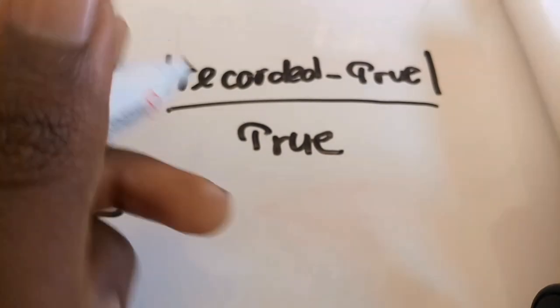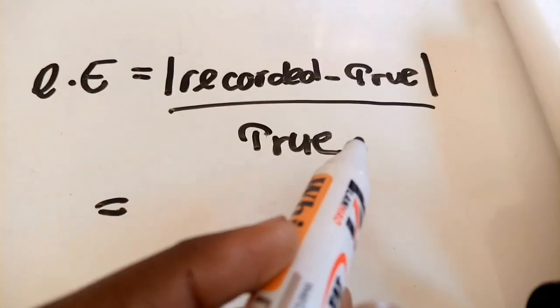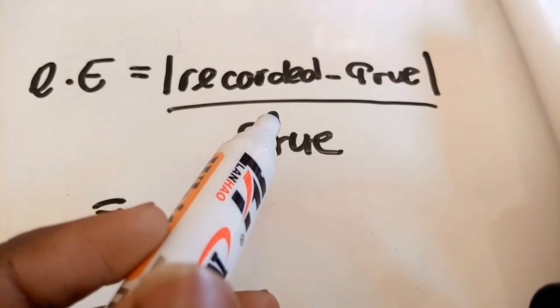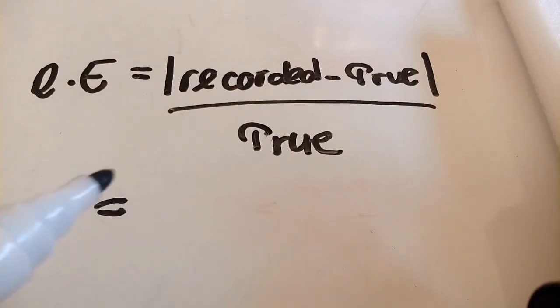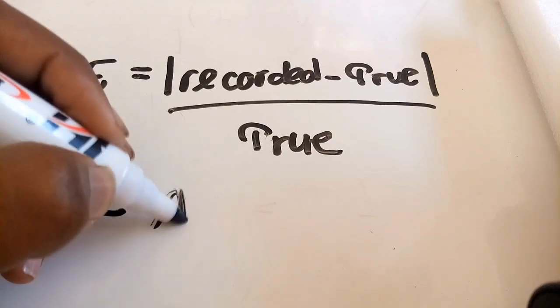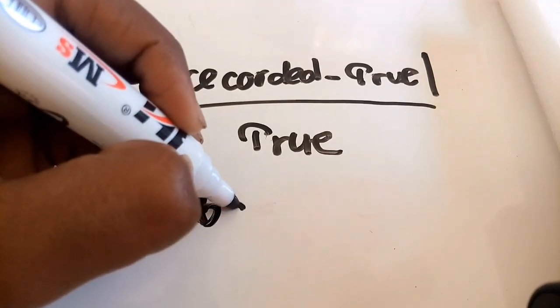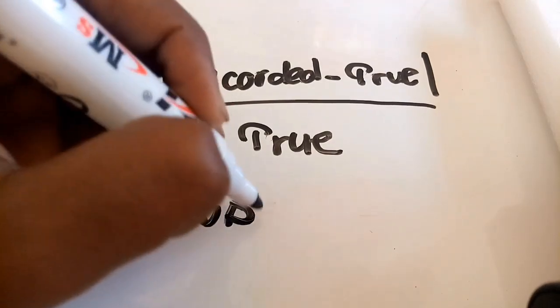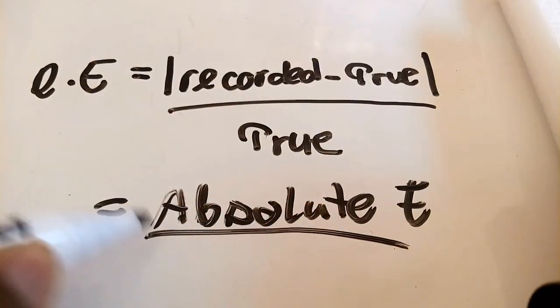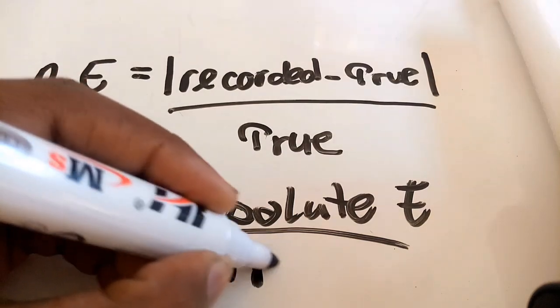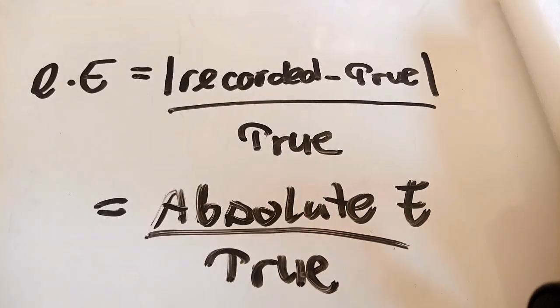Now, we know recorded value minus true value in the modulus bars is the formula for absolute error. So relative error is simply your absolute error over your true measurement. That is the formula for relative error.